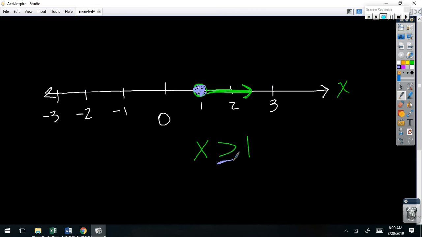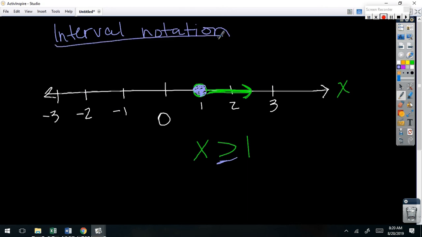Well, as we progress in math, we describe this a little bit differently. We use a little more sophisticated way of describing than greater than and less than. We use what we call interval notation. Okay? Interval notation uses brackets and parentheses to describe a set of numbers.